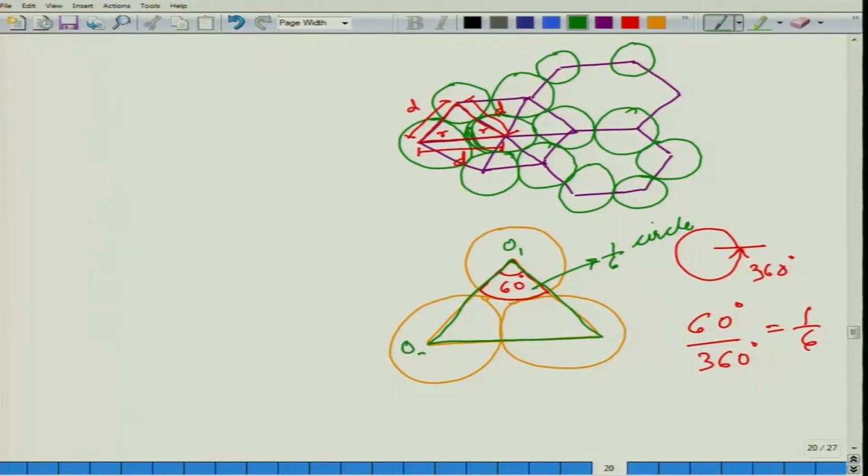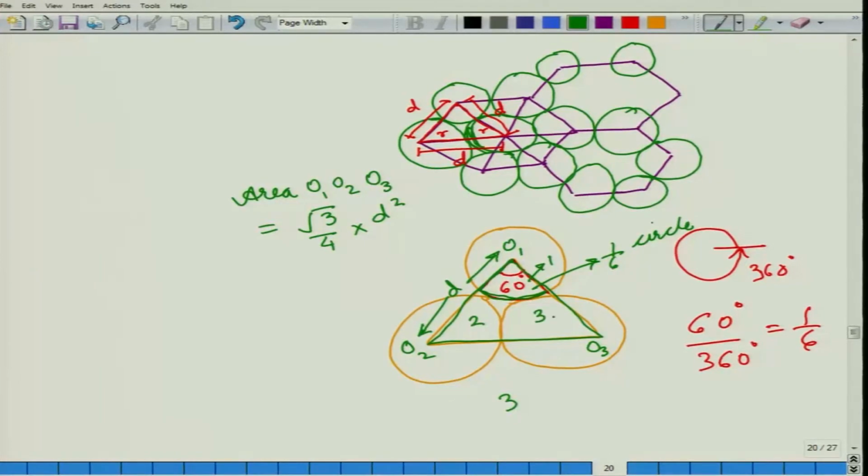So, let us call this triangle O1, O2, O3. Now, this triangle has a side of d. Now, because this is an equilateral triangle, the area of the triangle is given by root 3 by 4 into the side square, which in this case is d square. If we consider these 3 sectors of the circles, so you have sector 1, sector 2 and sector 3, and all these 3 sectors are 1/6 of a circle.